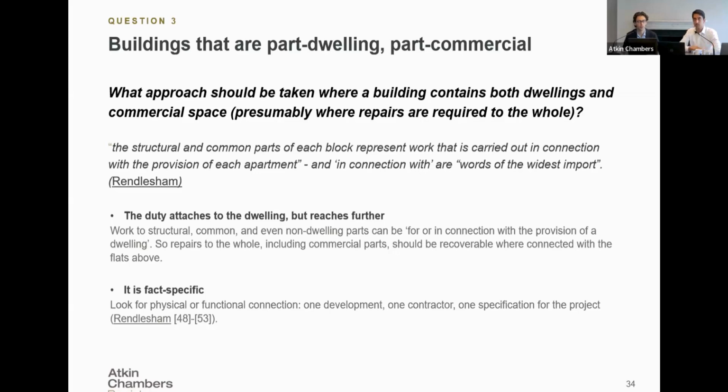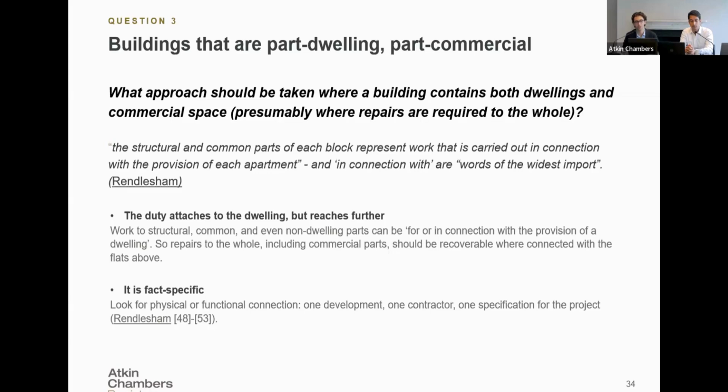So you first want to look at whether what you're claiming in respect of can properly be considered as being provided in connection with a dwelling. So that, as we say, will be fact specific. And I gave the example of a student accommodation building with a supermarket. It depends on the defect that's being alleged. It depends on the exact commercial element of that building.